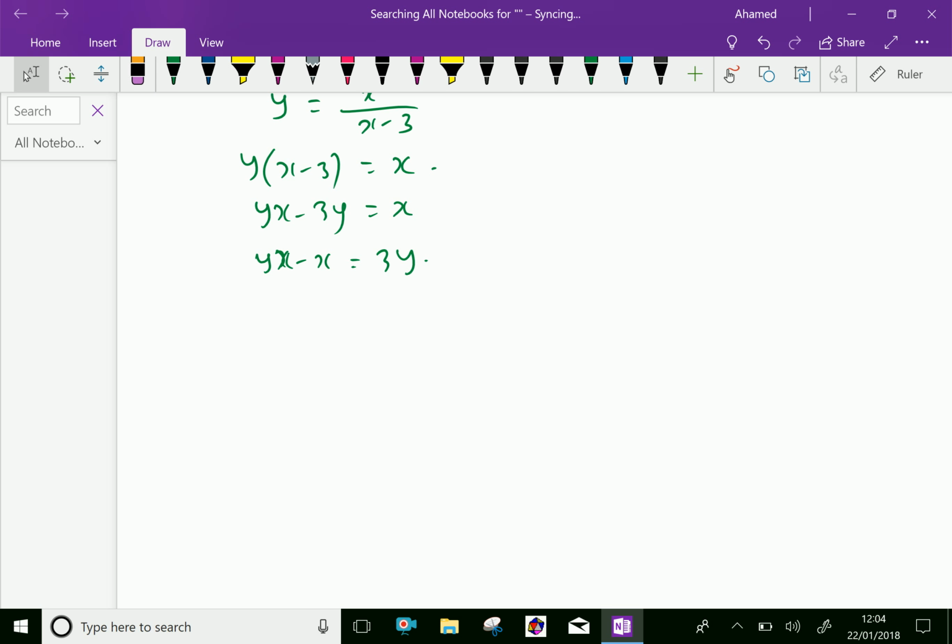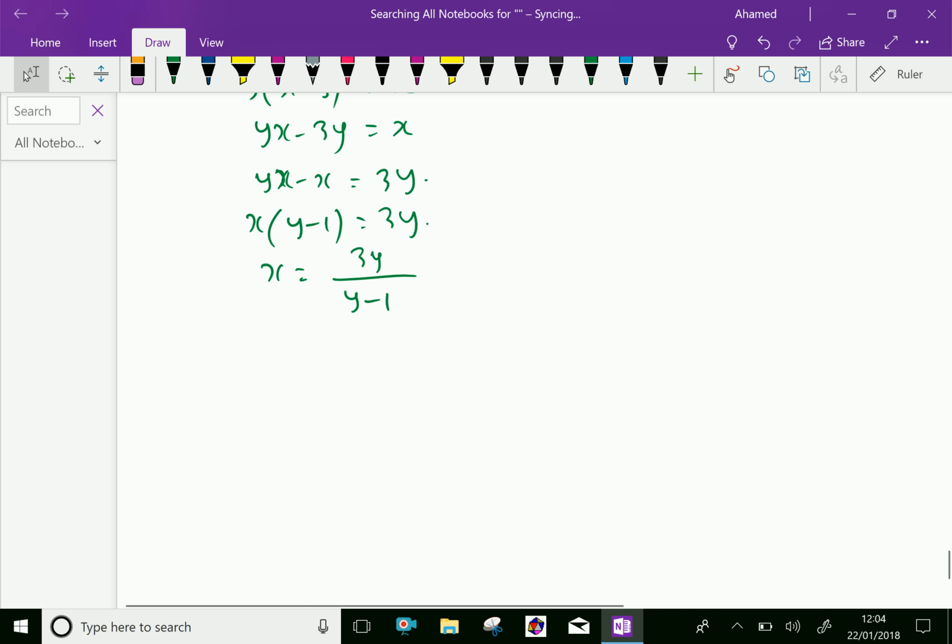Then x times y minus 1 equals 3y. Then x equals 3y over y minus 1. That means we expressed x in terms of y. Now instead of x write f inverse x, and instead of y write x: 3x over x minus 1.